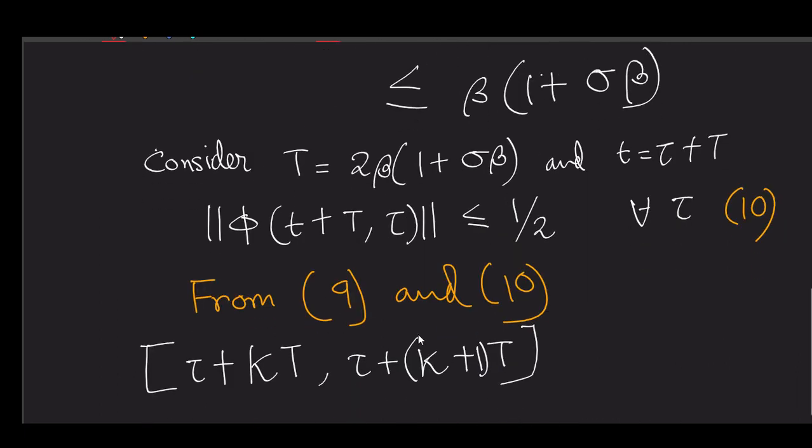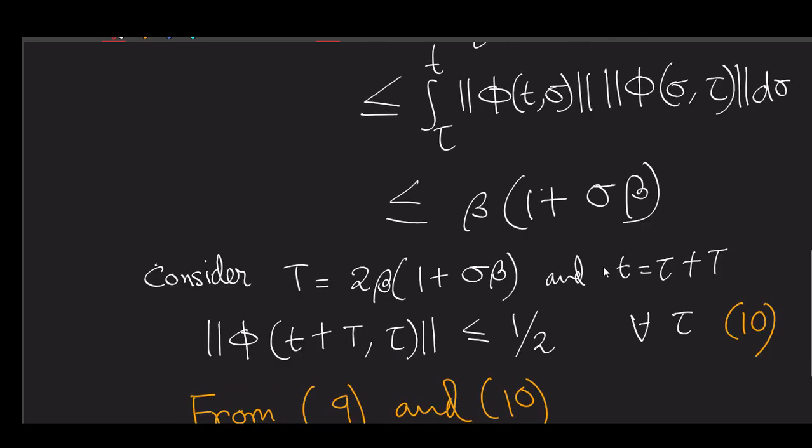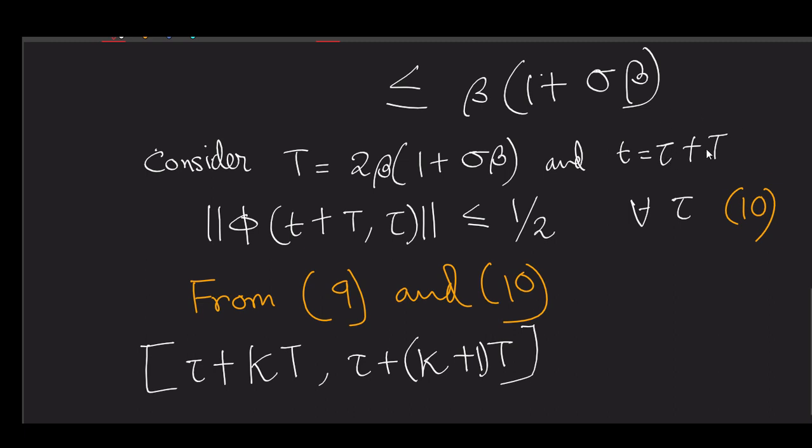Now we consider a capital T that is equal to 2 beta 1 plus alpha beta, and define the final time t is equal to tau plus capital T, where capital T is again this one.